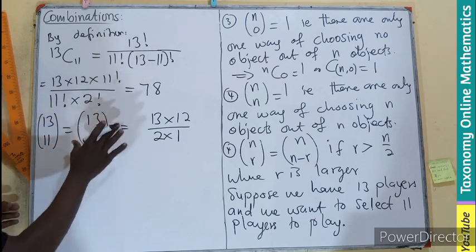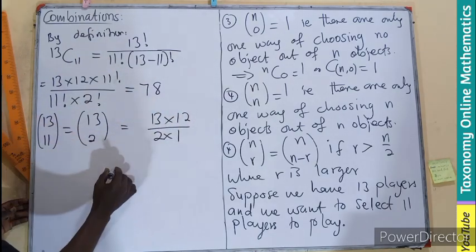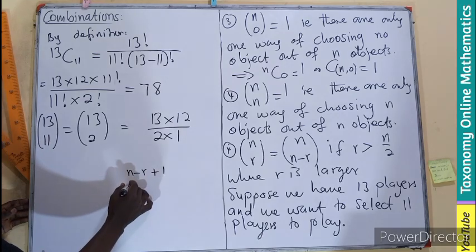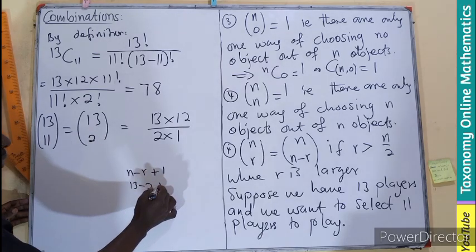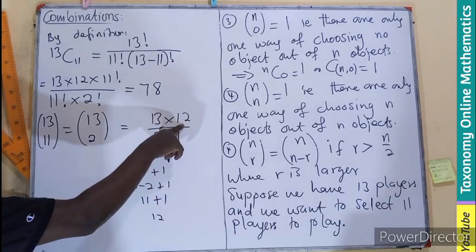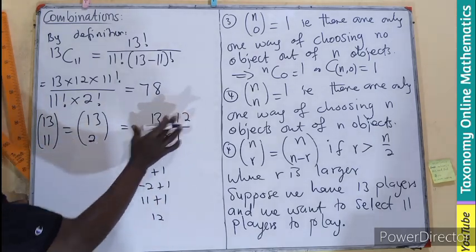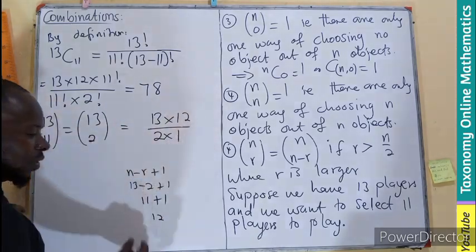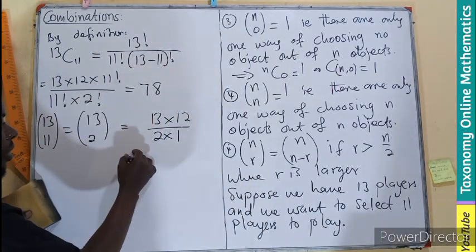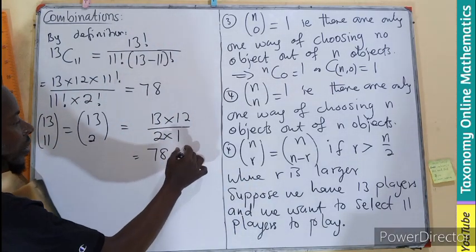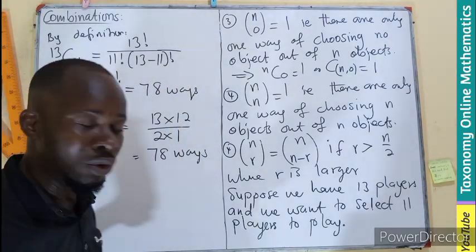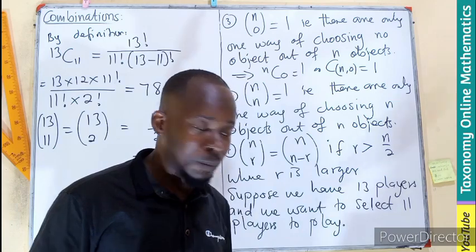From the second note we have the expansion to be n minus r plus 1. So 13 minus 2 plus 1, this will be 11 plus 1, 12. So 12 is going to be here. So if I have 2 here, I expand 2 times. And you can agree with me that if you expand, this will still give us 78 ways of selecting those 11 players to play.